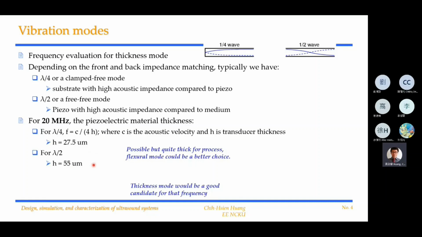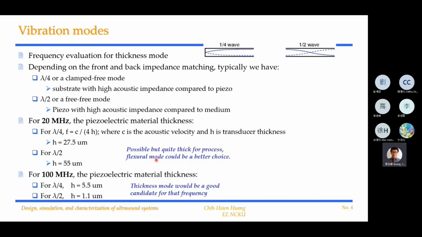So this 30 megahertz we usually cannot reach with thickness mode, but we can try to reach it with flexural mode. Like we mentioned before, for 20 megahertz applications, we actually use flexural mode more instead of thickness mode.